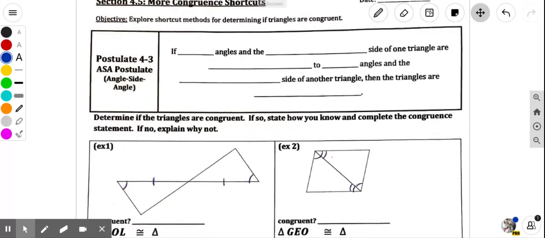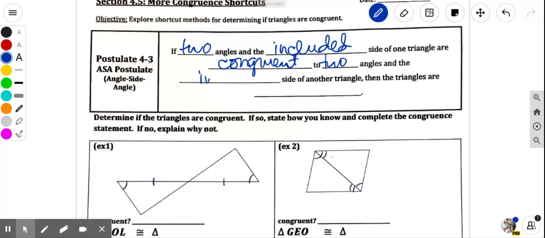So the next one is called angle side angle. And it says if two angles and the included side of one triangle are congruent to two angles and the included side of another triangle, then the triangles are congruent.